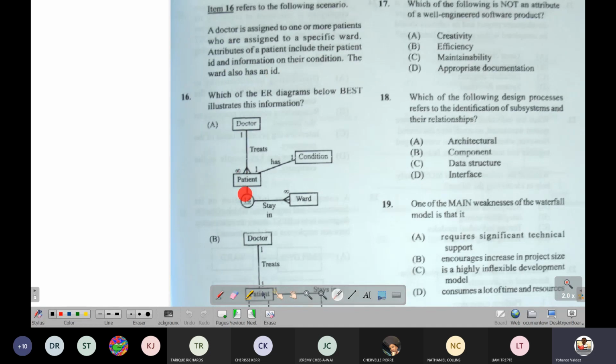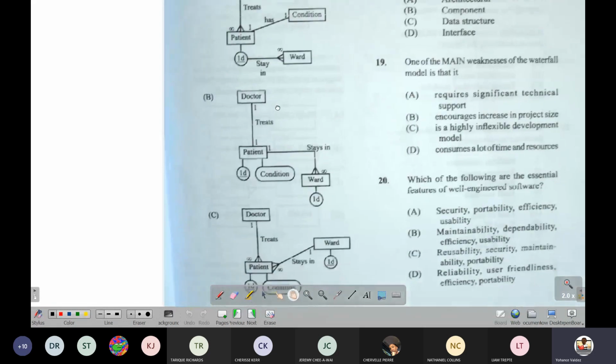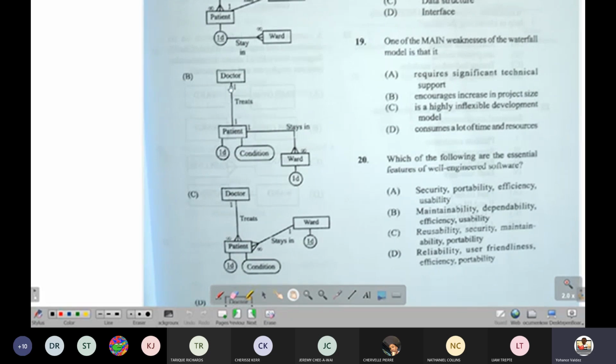This one does not make sense because an attribute cannot have a relationship with an entity. So that one is out, right? So a doctor treats patient, a patient stays in ward, a patient has 2 attributes, ID and condition, and a ward has ID.